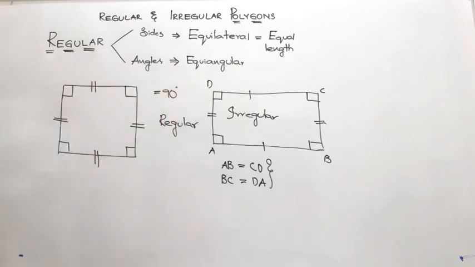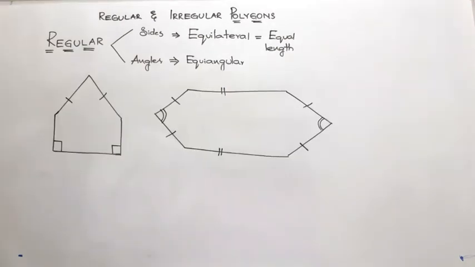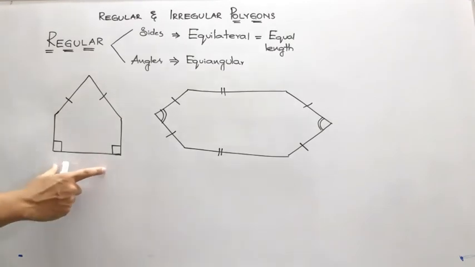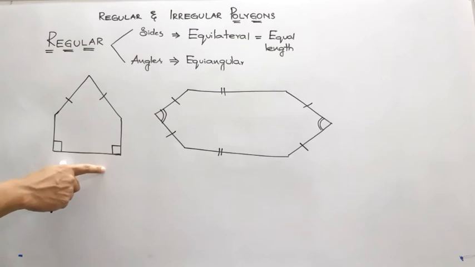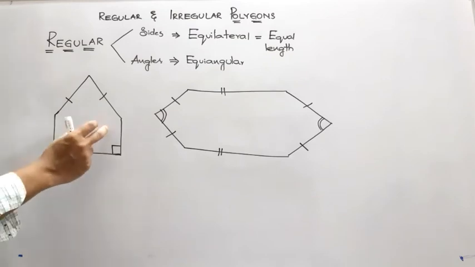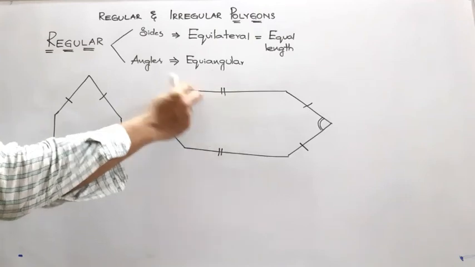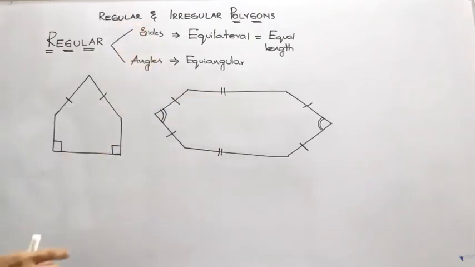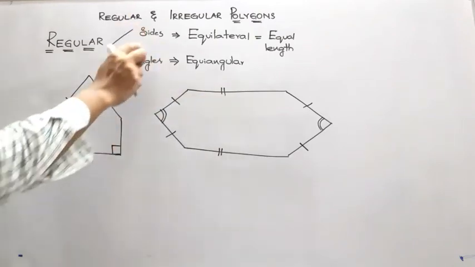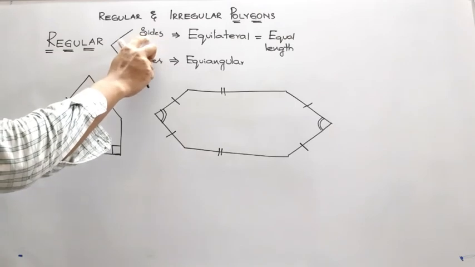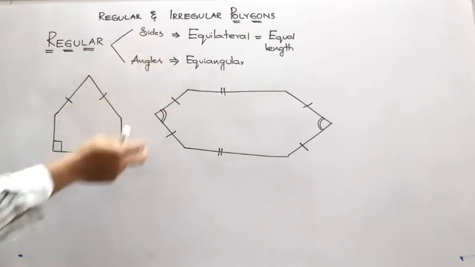I want to show you two more examples just for better understanding of this concept. Please look at the board. Let us observe the given two figures, and decide whether the given polygons are regular or irregular. Let us start with sides. Once we are clear with the lengths of the sides, then we will move to angles.